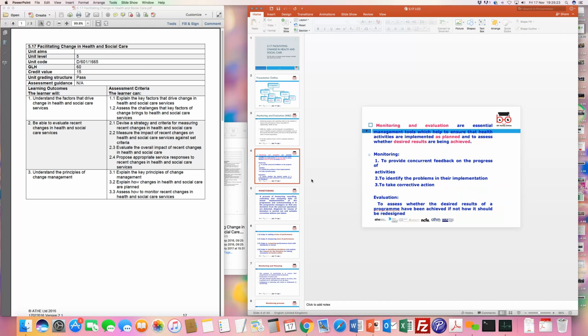The other is to identify gap areas. And the third is, when you identify gap areas, to take corrective actions to fill those gaps.